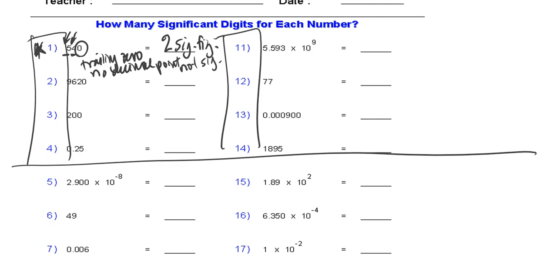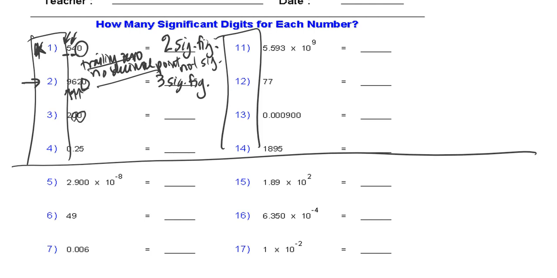If we take a look at number 2, 9,620, this 0 after the 2 is also a trailing 0 with no decimal point in the number. That means the 9, the 6, and the 2 are significant, but the final 0 is not. So I have 3 significant figures in 9,620.